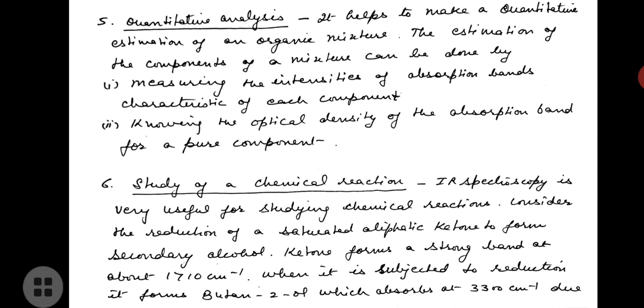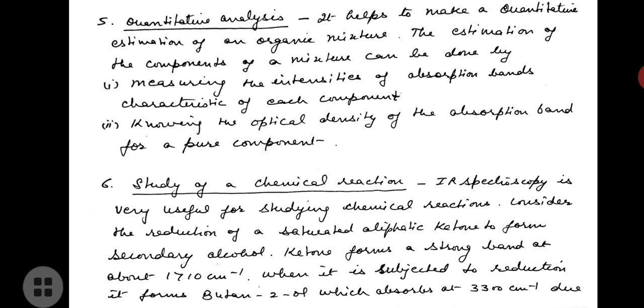For example, it is known that commercial xylene exists as a mixture of three isomers, that is ortho, meta and para-xylenes. The separation of the mixture cannot be easily done. However, the percentage composition of the mixture can be determined by taking the IR spectrum of the mixture.